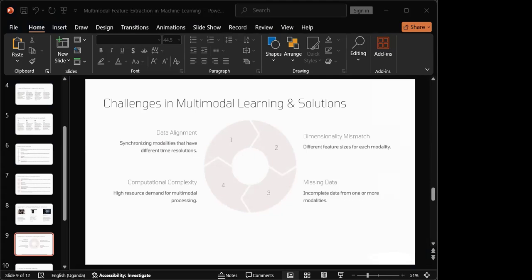Then the next problem we could be having is dimensionality mismatch. Now, you find the audio, let me see if it's a video again. The audio is not matching the video.